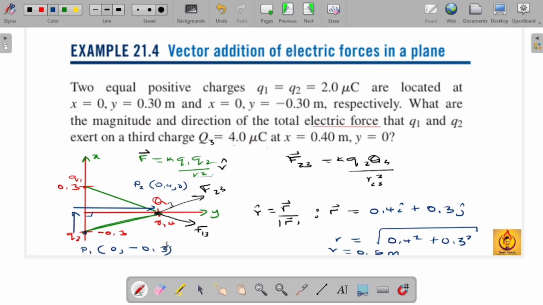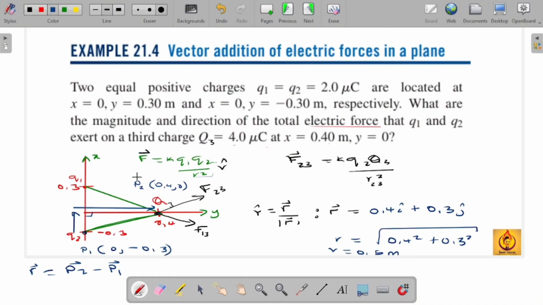It's not moving up or down on the y. Now to find r as a vector, we are going to say it is equal to subtracting these two points, which is the ending point minus the first point.